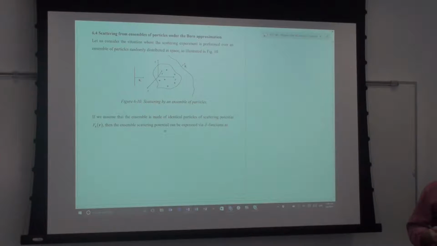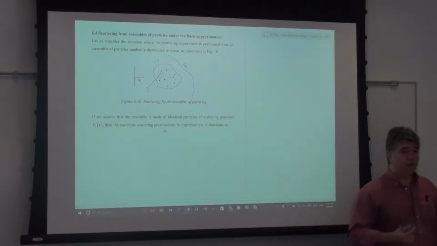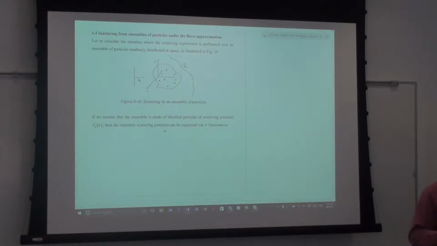Not only that, the relationship between the scattered field and the scattering potential is a Fourier transform, therefore it goes both ways, which makes it very easy to solve inverse problems when we're trying to extract the 3D structure of the object from the measured scatter field. So this is the beauty of the Born approximation.